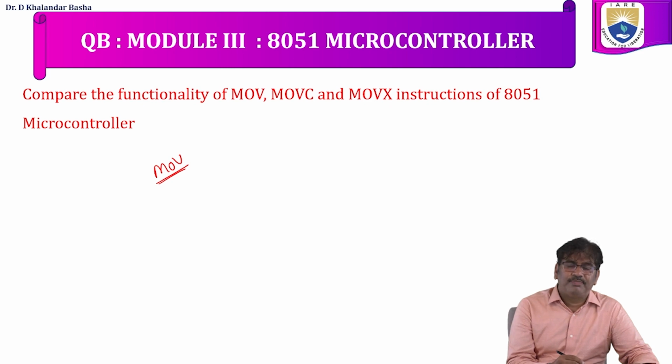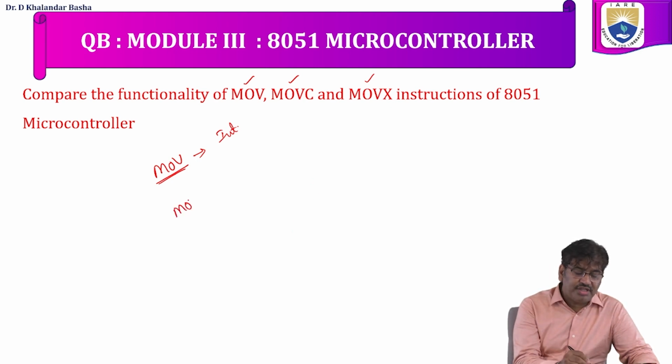So where the data is residing and what kind of data we are transferring determines which of the 3 kinds of move instructions we use: MOV, MOVC and MOVX. The MOV instruction is for data residing inside the microcontroller, either in registers or memory locations. If the data refers to on-chip of the 8051 microcontroller, we use the MOV instruction.